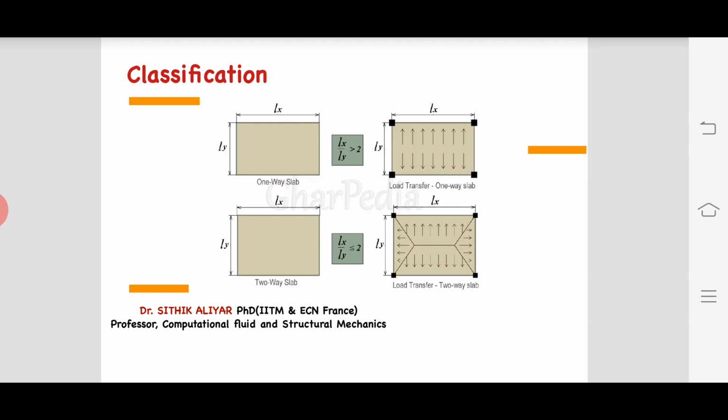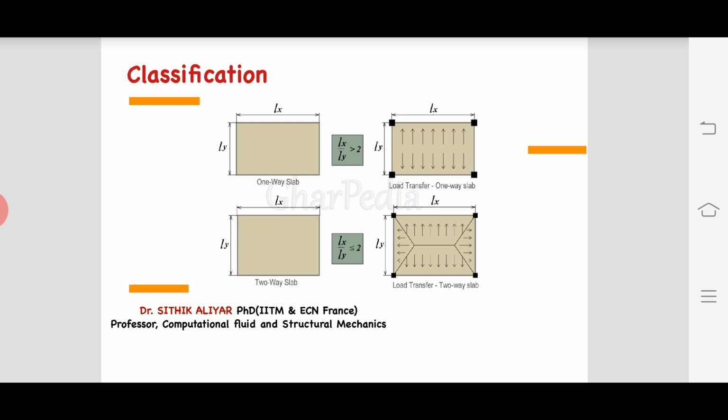So if one dimension of the slab is 1 meter, the other dimension will be more than 2 meters. Consider a 5 meter by 1 meter rectangle; I hope you can imagine that this will be a one way slab.